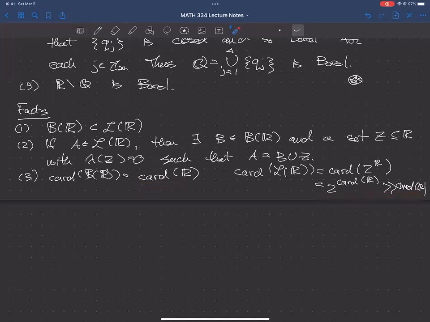But what the previous statement says is that somehow there's a lot more of these Lebesgue measurable sets, but they're all measure zero.